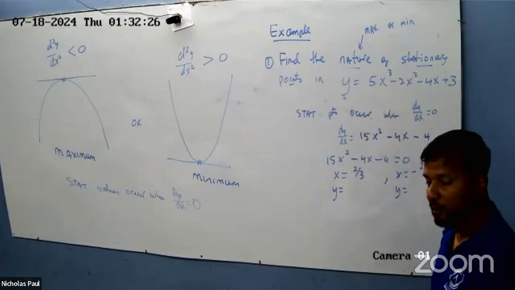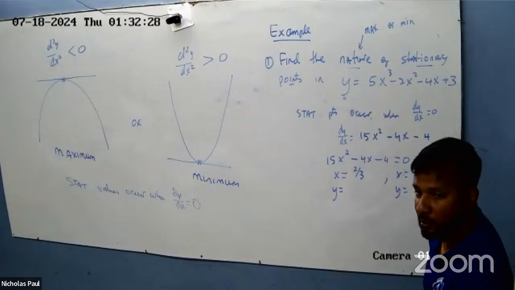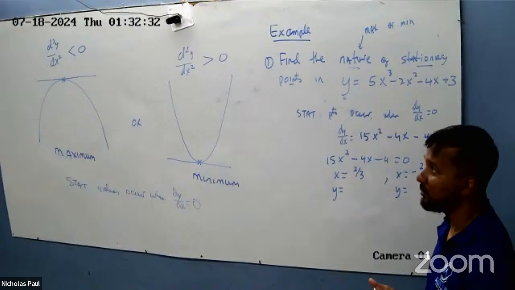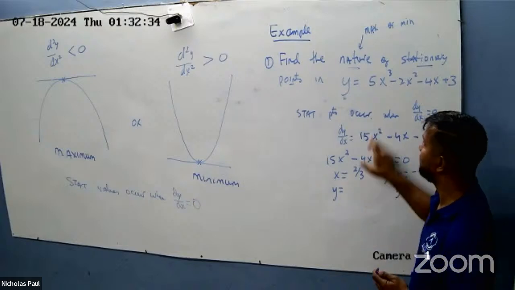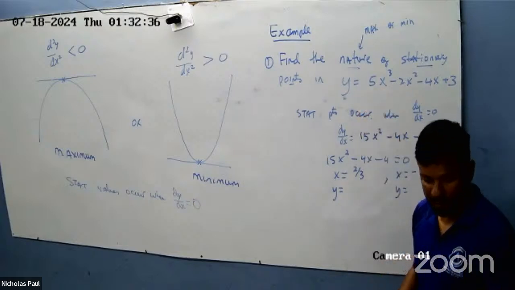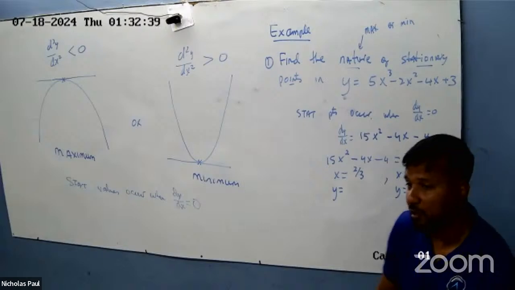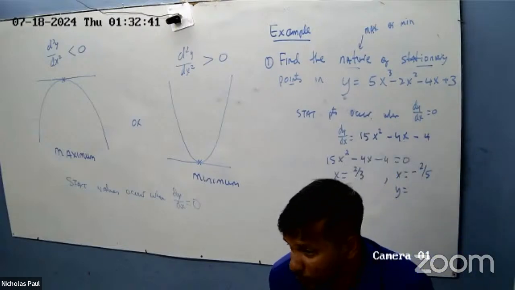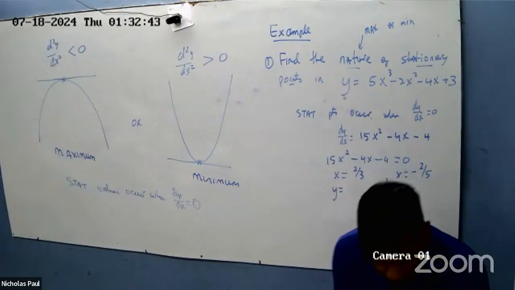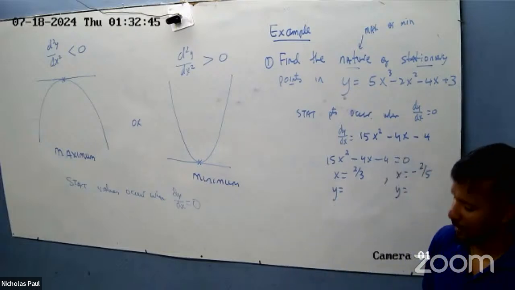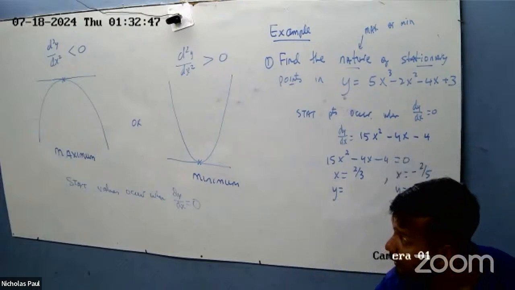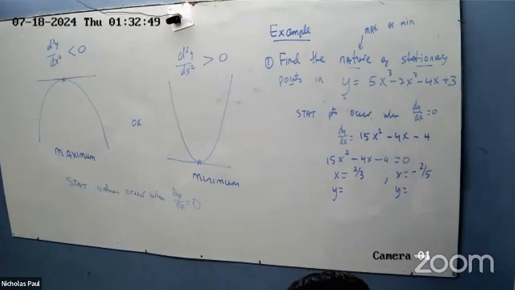For 2/3, I get 15 over 27. Anybody else get that? Check it again. Anybody online? Put 2/3 in here. 1 over 27. Hopefully you'll get the same answer soon. Anybody online get it?